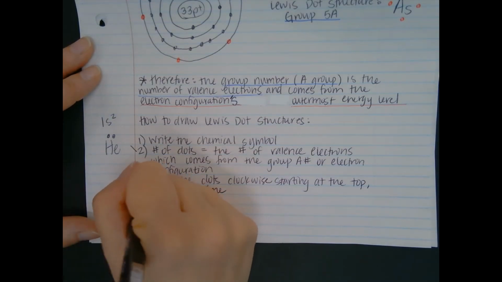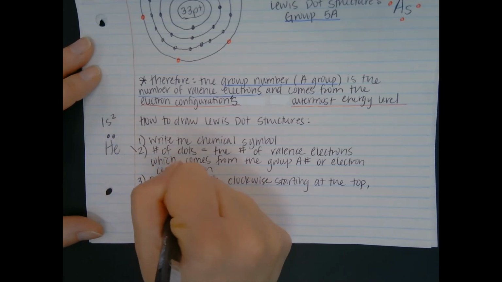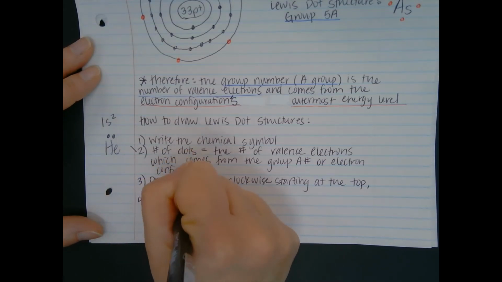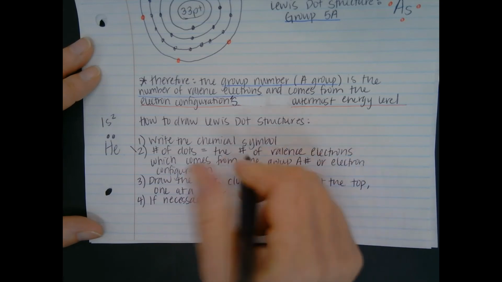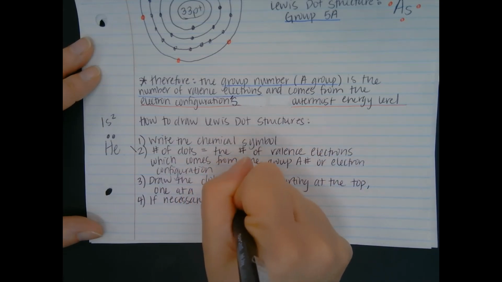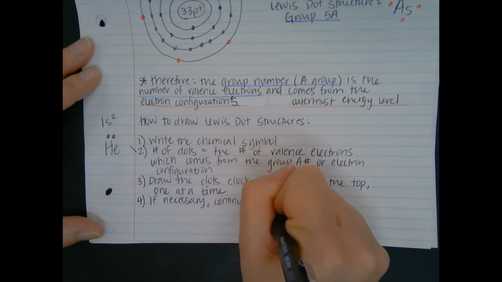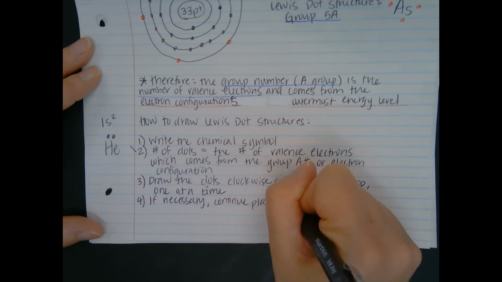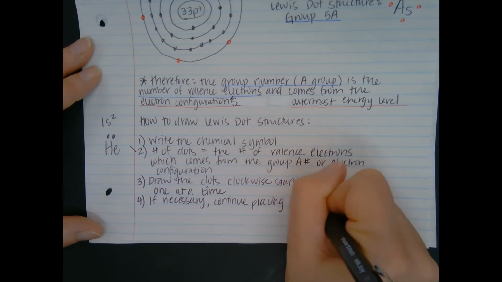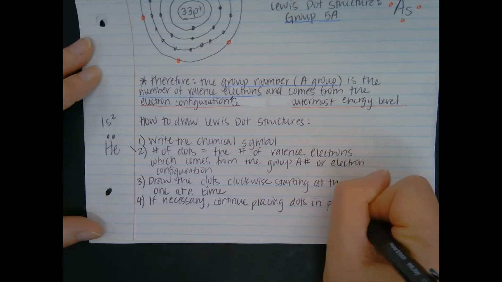And lastly, number 4, if necessary, continue placing dots representing our electrons in pairs.